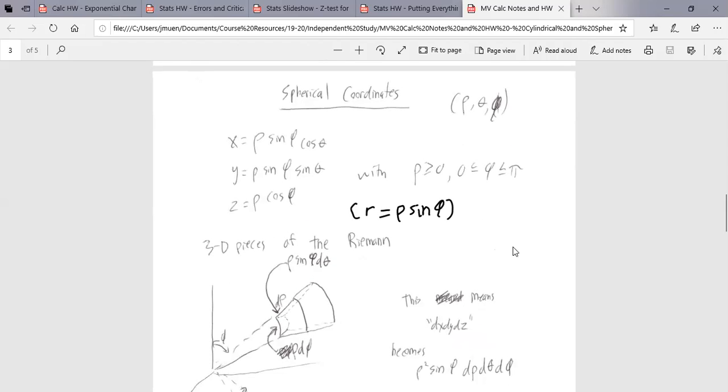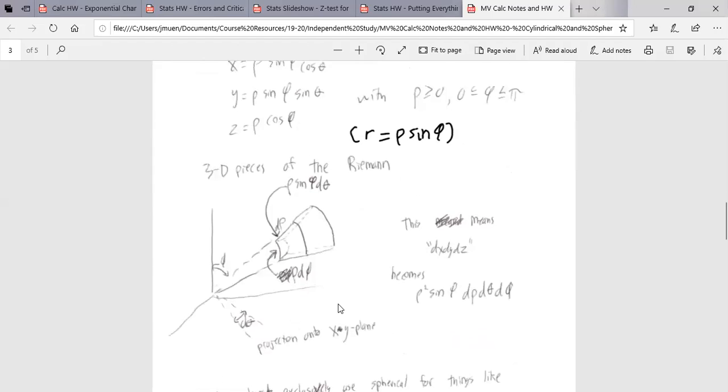All right. So, talking about how we form the Riemann sum for spherical coordinates. We're going to talk about it in the same way that we talked about the Riemann sum for polar coordinates. Or not the Riemann sum, but the small, differentiably small segments that we look at.